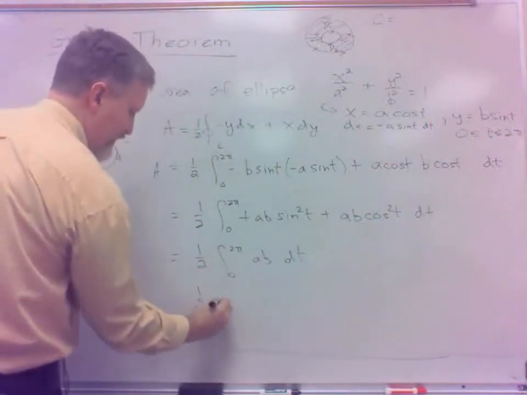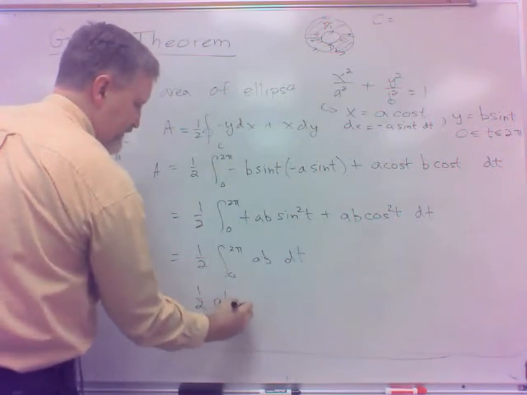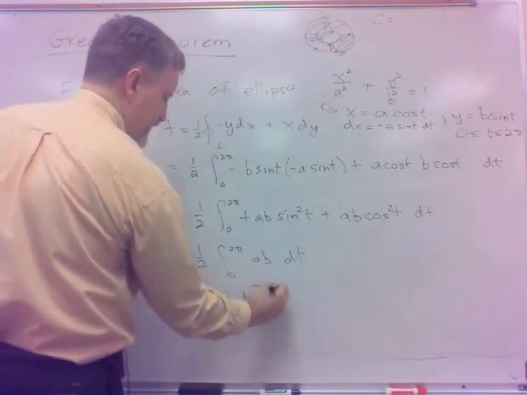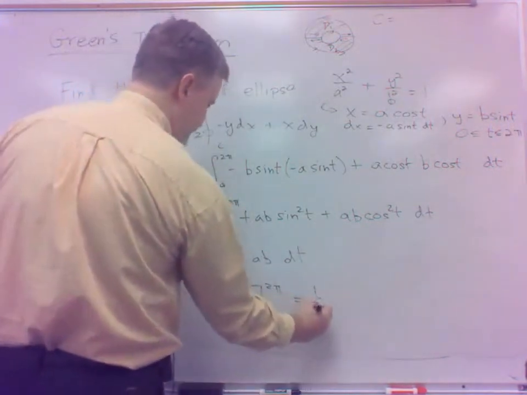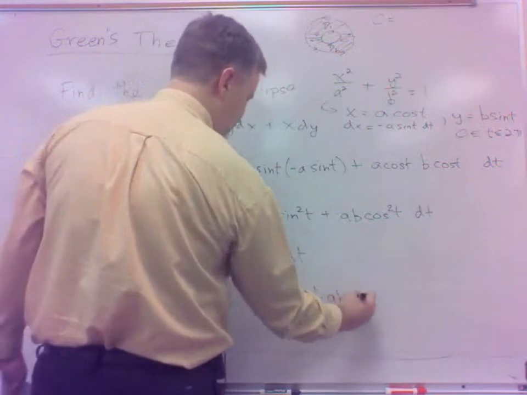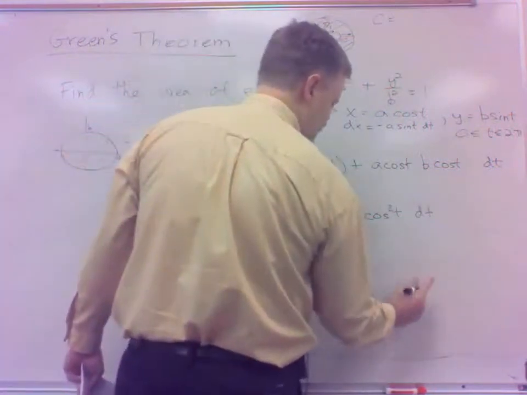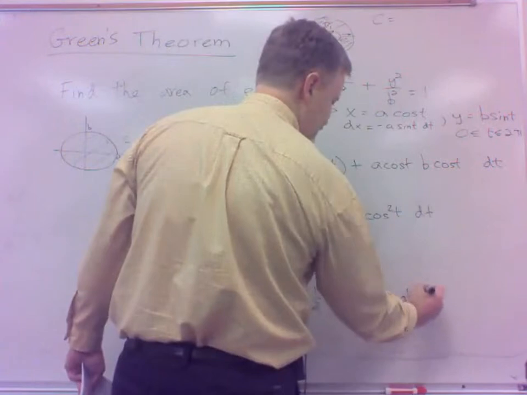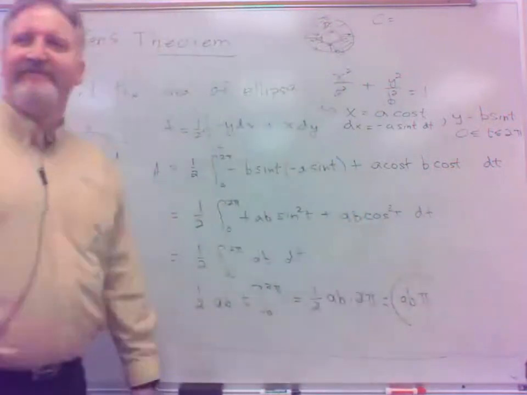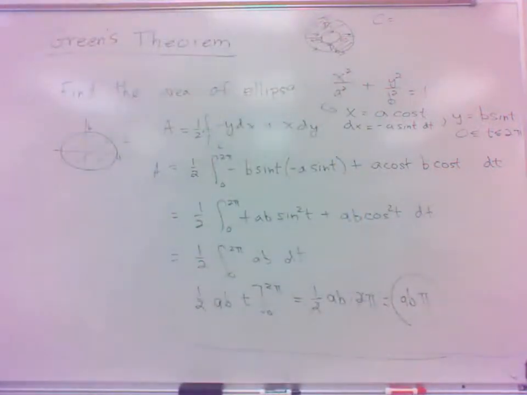So it'd be 1/2 ab t, 0 to 2 pi. 1/2 ab times 2 pi, ab pi. That's the area of an ellipse. Or pi ab, I think is usually written. So anyway, different things you can do with these.